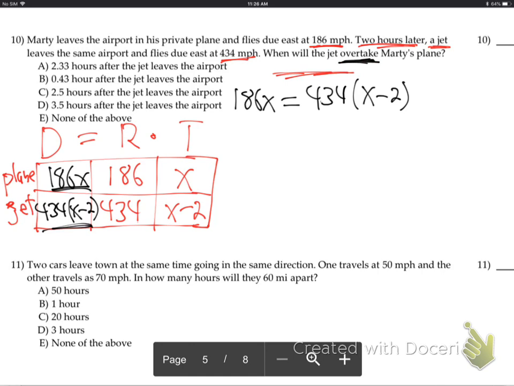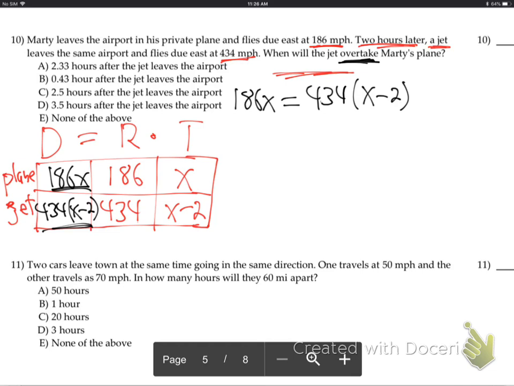Overtake, catch up, pass up. That always means equal distance. When somebody catches up with somebody, at that moment they've gone the same distance. We had the problem where the little toddler ran off and the mom caught up. It's all the catch-up ones: equal distance. At the moment of catching up, they haven't necessarily run for the same time, but they've covered the same distance.